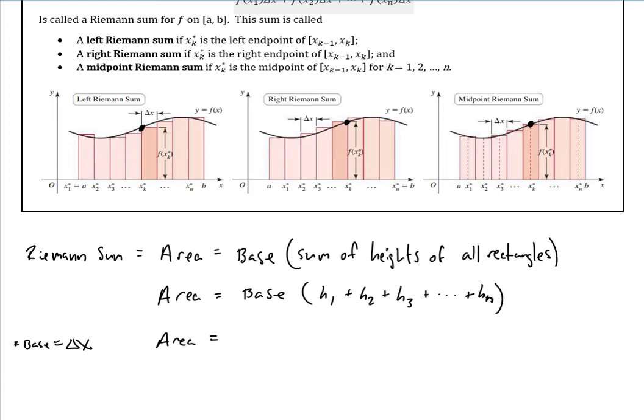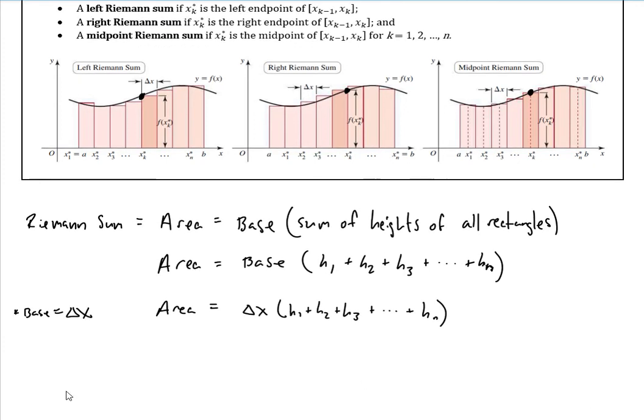So the delta means the change in x. What they mean by this is x could change depending on the number of rectangles that are used. However, once we figure it out in the problem, it will stay the same number. So we're going to write delta x here, and then again h1 plus h2 plus h3 plus dot dot dot, however many, plus h little n, to however many rectangles they want us to find.